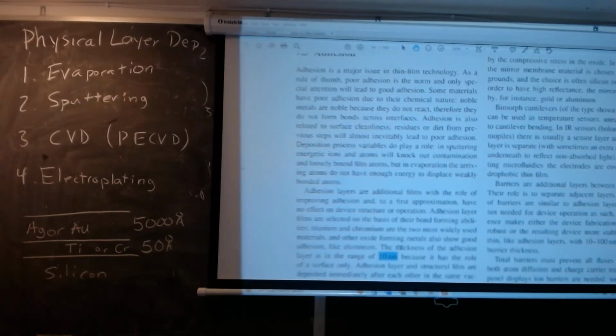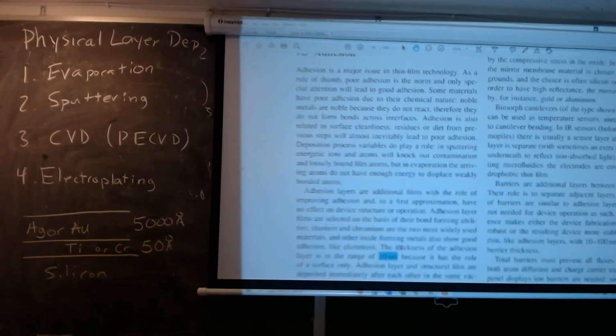What I'm saying here is basically that for your contact, if you're making some contact, you put down an adhesion metal, but then you have to cover that with a noble metal so that it doesn't oxidize. Silver is also a noble metal, and it is much cheaper than gold.